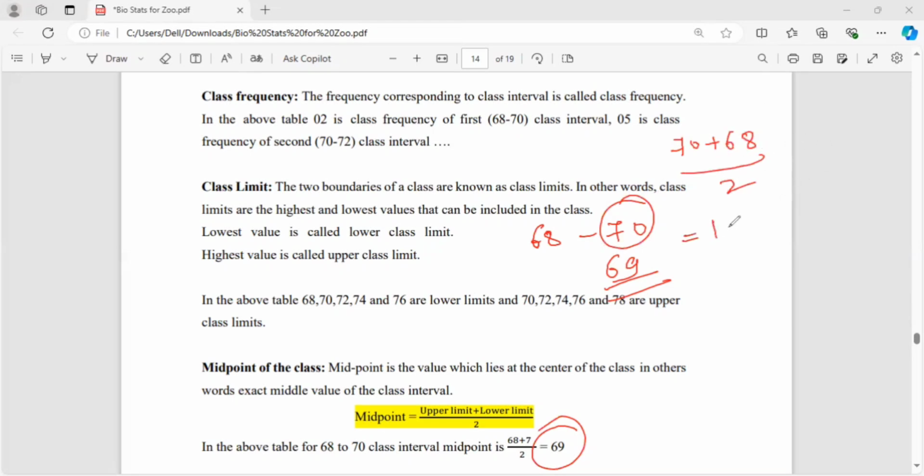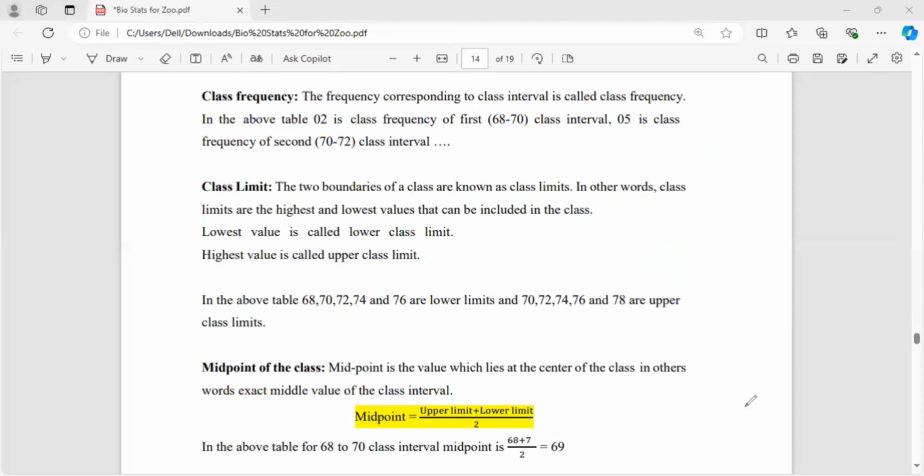So 138 divided by 2 is 69. In this way, we can get the midpoint of the class interval. The midpoint is the value that lies exactly in the middle of the class interval.